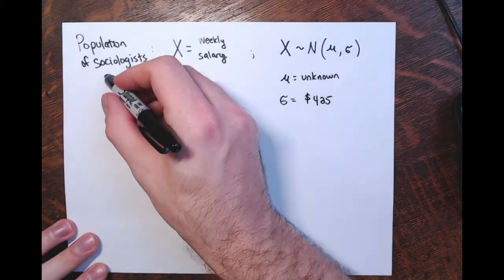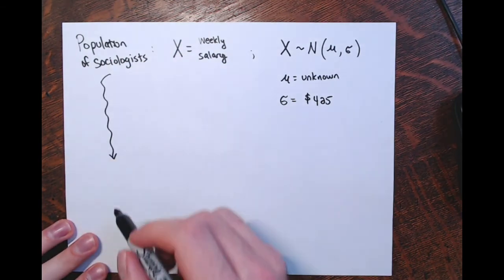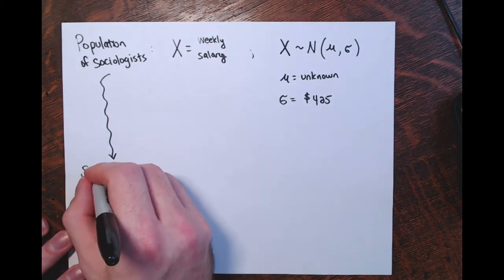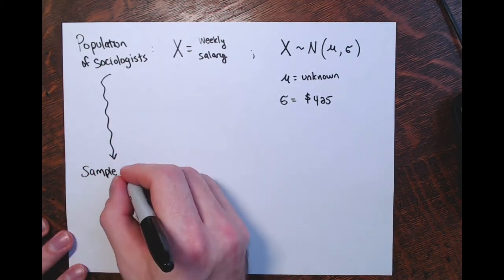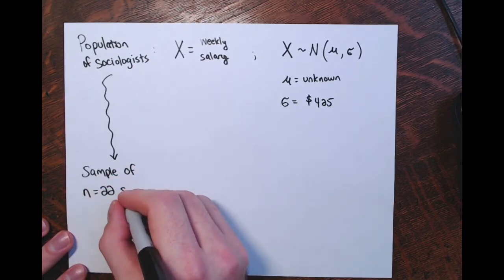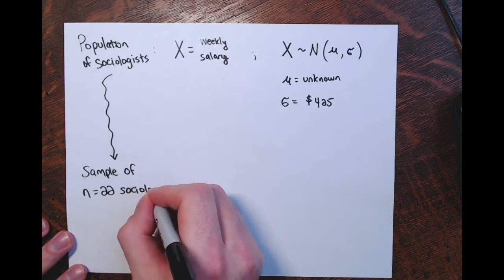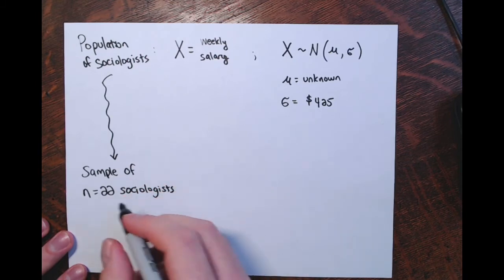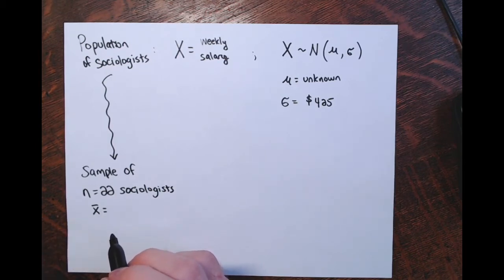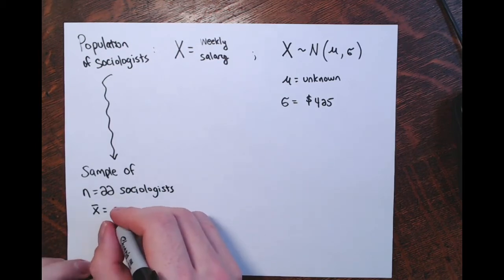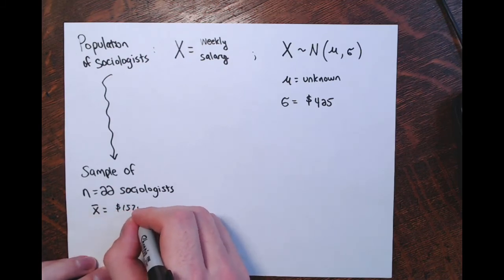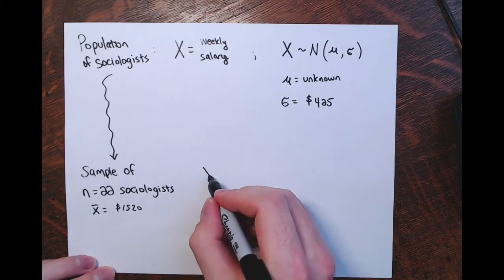All right, then from this population, a sample is taken, and it's a sample of size 22. So n equals 22 sociologists is taken, and their average salary, the average weekly salary of these 22 sociologists, is $1,520. So x bar.